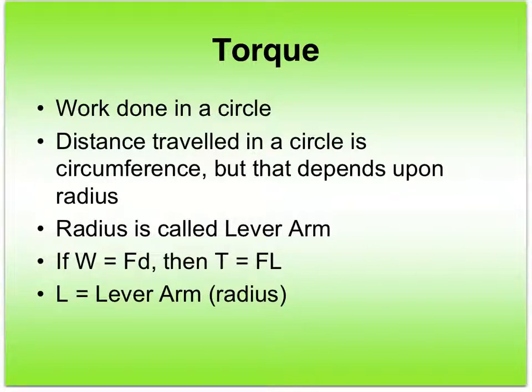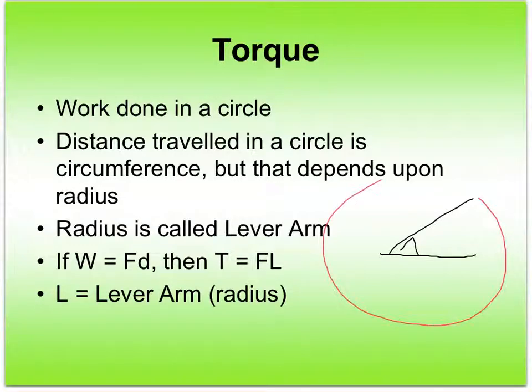It's called lever arm because let's say I have a lever right here. If I turn this lever arm, it's actually going to go in a circle based on this radius right here. So this is my lever arm. It doesn't matter how many times I look at that circle. If I was to do the other lever arm right here, it travels in a circle as well.